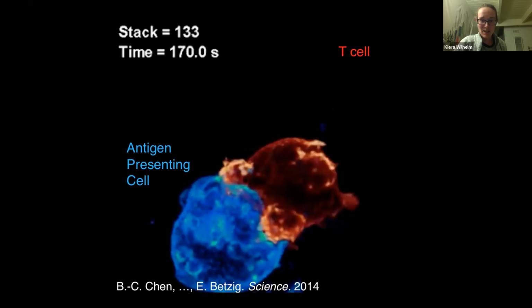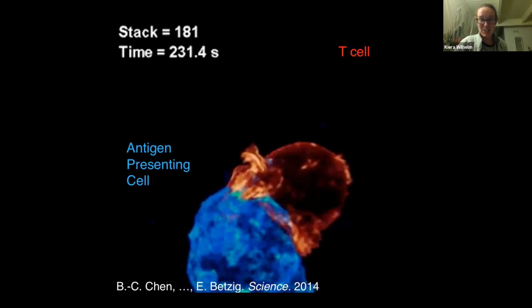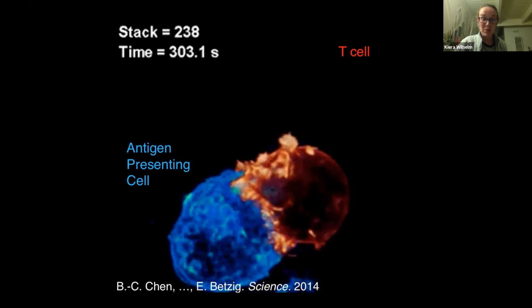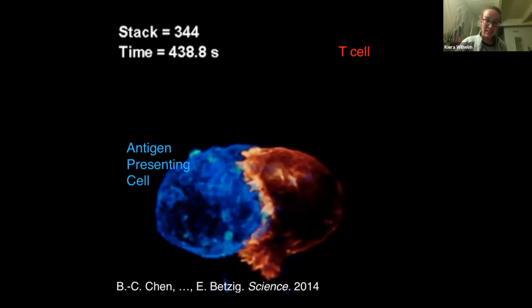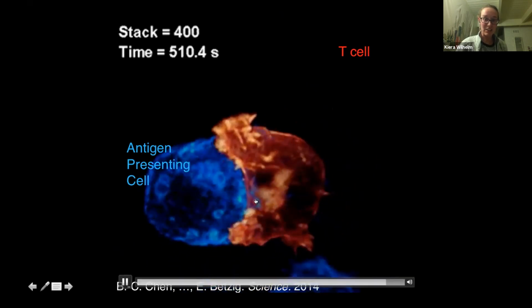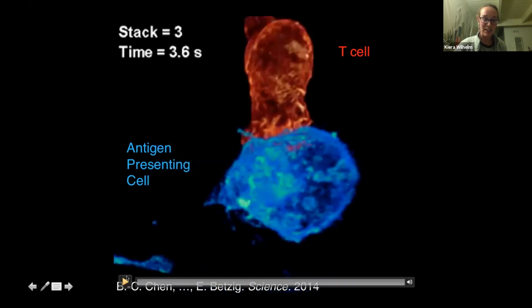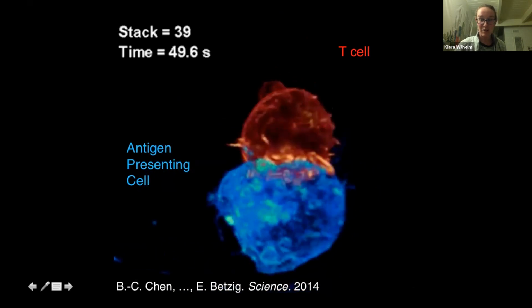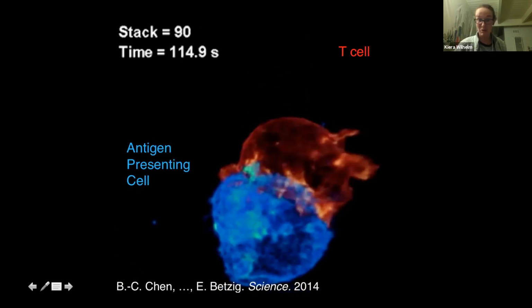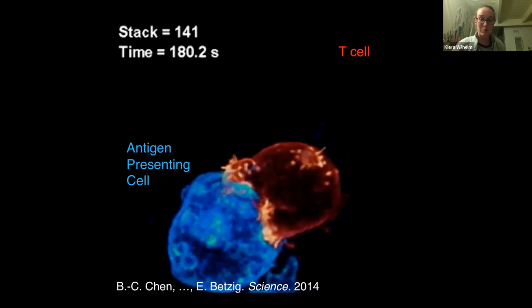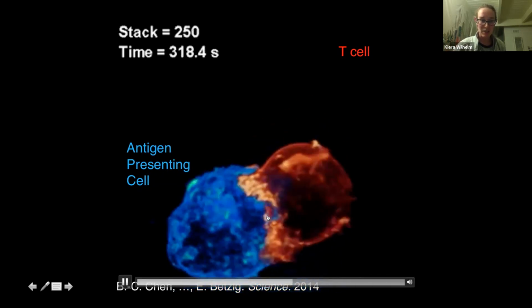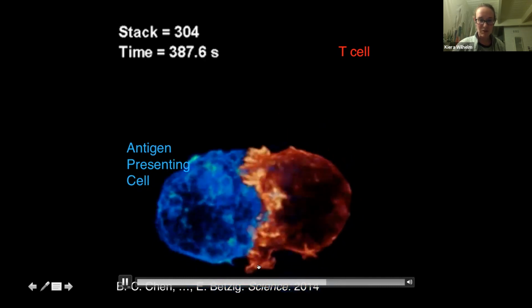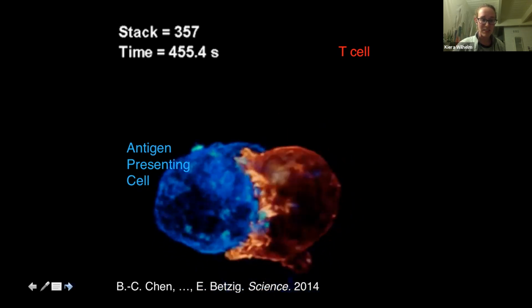You can see it's quite an active interaction where the T cell is probing the surface for those peptides. And then in this case, this T cell saw an antigen and it says, wow, I need to get more information about that. And so it has a prolonged interaction in which the T cell gets activated from the peptides presented on the antigen presenting cell.